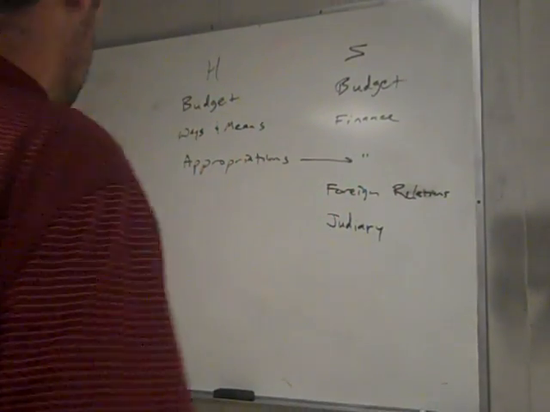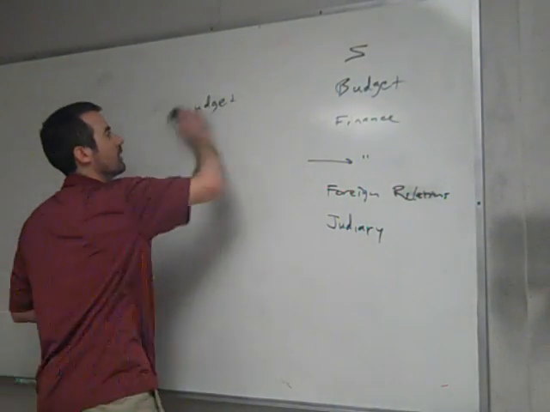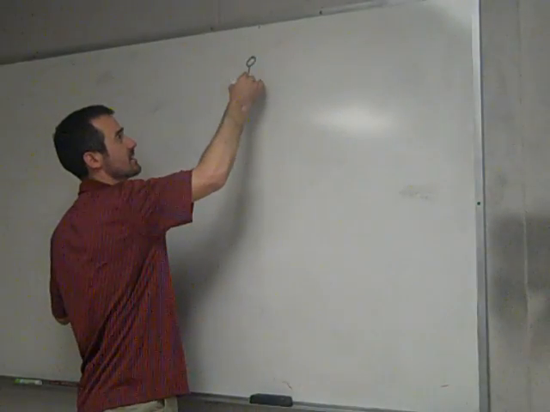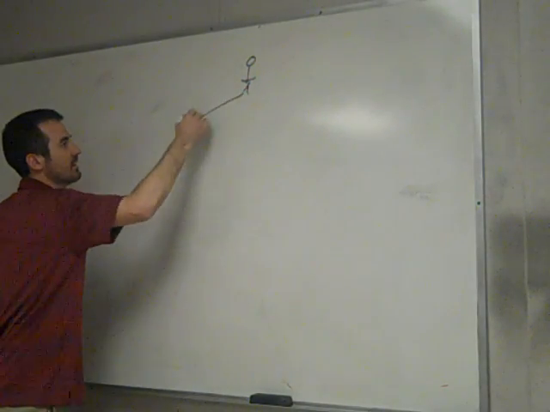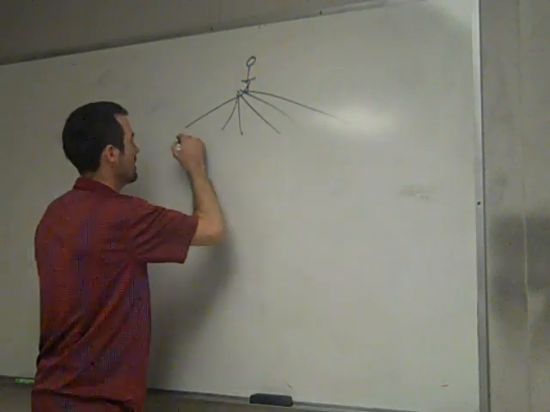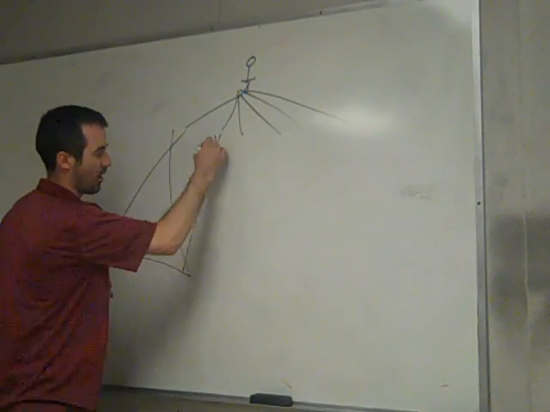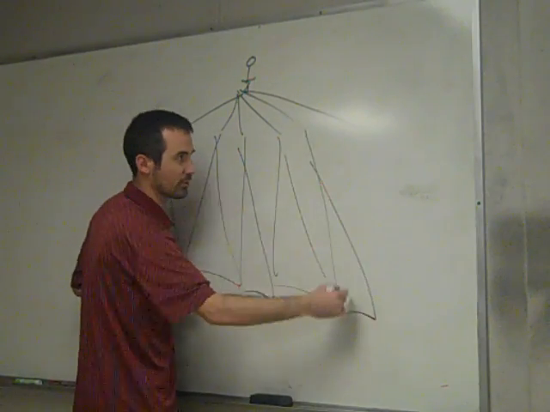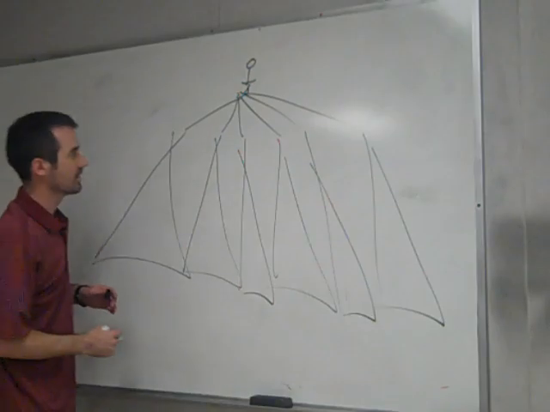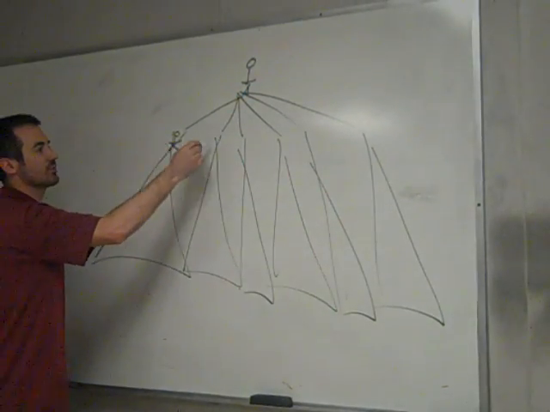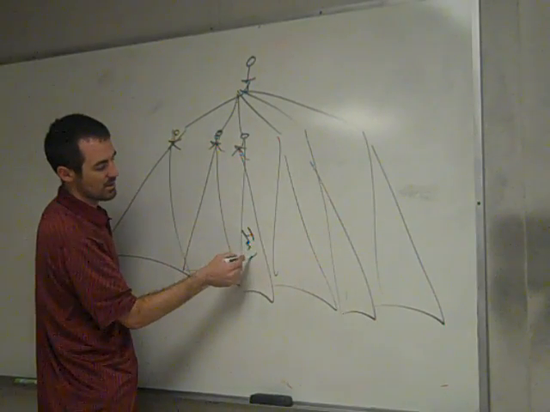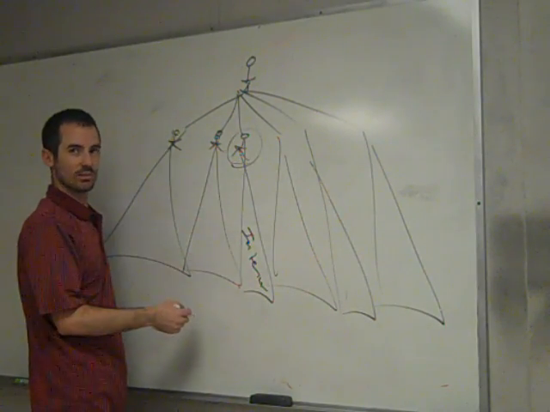Let me draw a quick drawing of the bureaucracy. Remember, this is a drawing of the executive branch. The president's at the top. Underneath are the 15 cabinet departments. Now I'm not going to draw all 15 triangles. All of them are roughly pyramidal in their power structure. So at the top of each one of these is the secretary of that department. If this is the Department of the Interior, here's the Secretary of the Interior in charge.